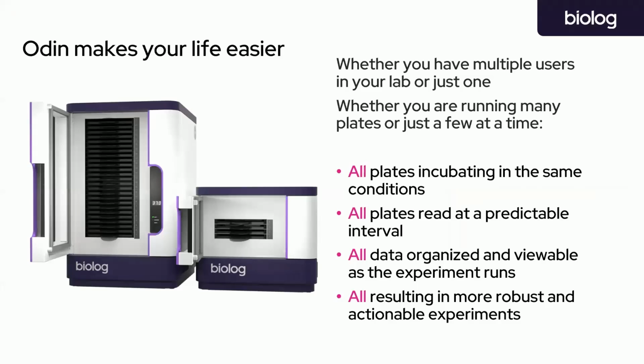We combine these microplate assays with Odin, a versatile and high-throughput solution for dynamic incubation and measurement of up to 50 plates. Odin is supported by its own intuitive software to compute multiple parameters for kinetic characterization and comparison. This results in more robust experiments with actionable data.